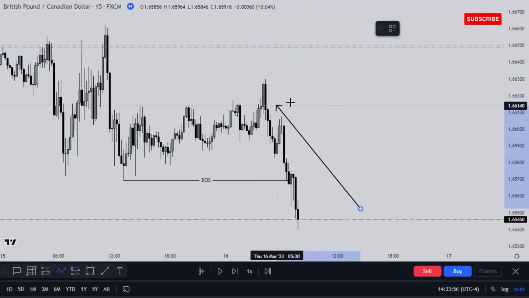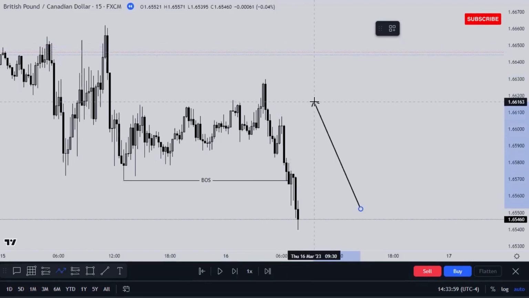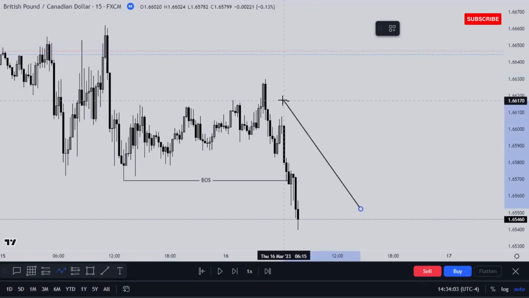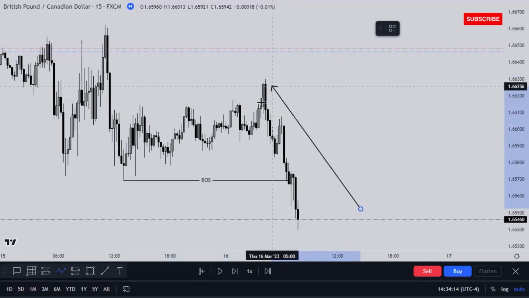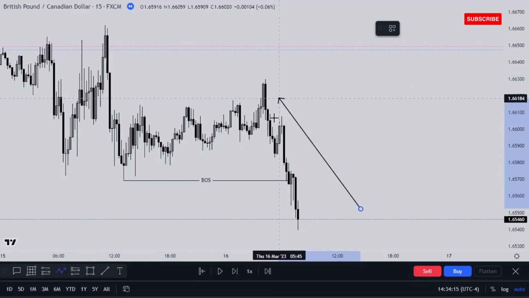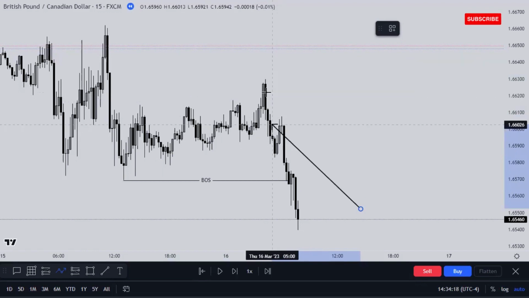No wick should be running inside, and no candle should touch it. It should be clean and virgin, a point of interest. The order block should be very, very clean, not tapped by any wick whatsoever. So this particular high here did not meet those criteria. So this is not a valid order block, in my own opinion.